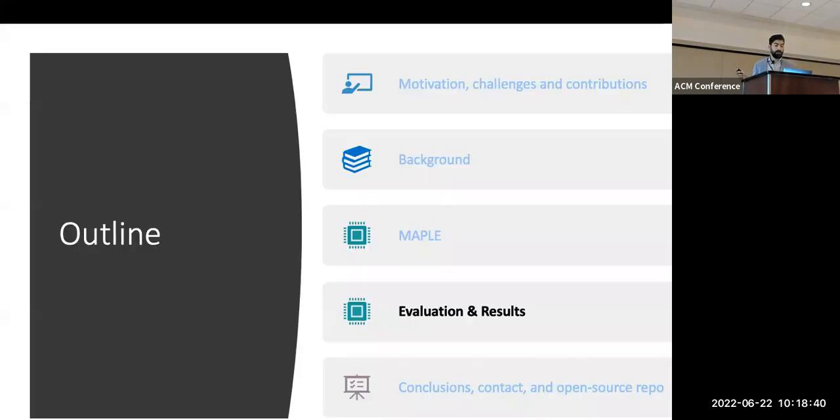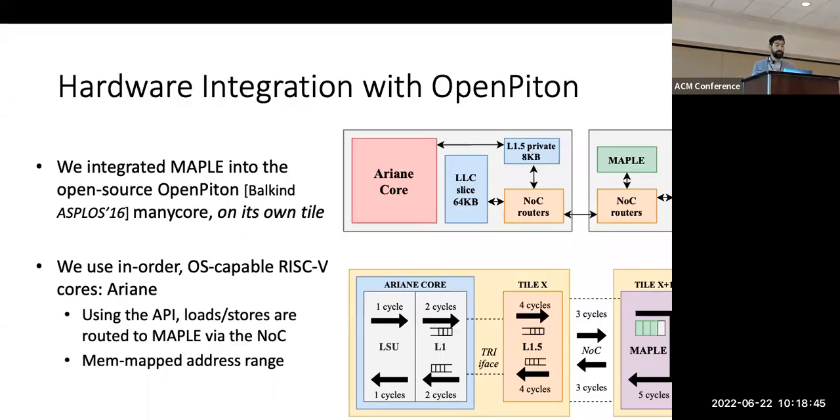Now we'll explain how we integrated and evaluated Maple and its results. As a part of a SoC design that we wanted to tape out, we integrated Maple RTL into the OpenPiton manycore on its own tile. For cores, we used the in-order, OS-capable RISC-V Ariane cores, and the figure at the bottom represents a communication path of the Ariane core to Maple hardware and back.